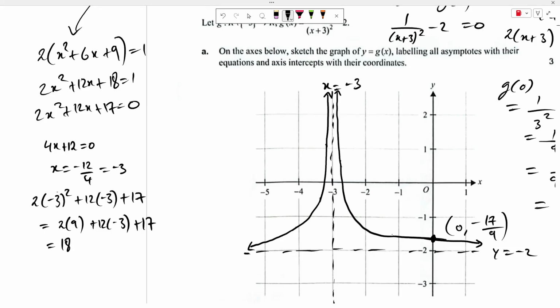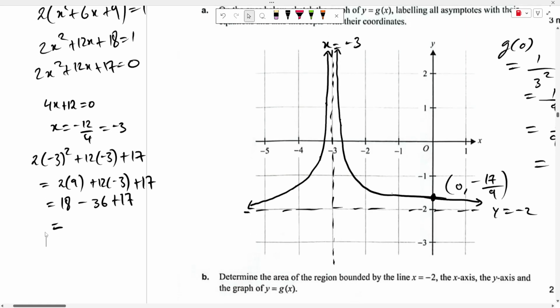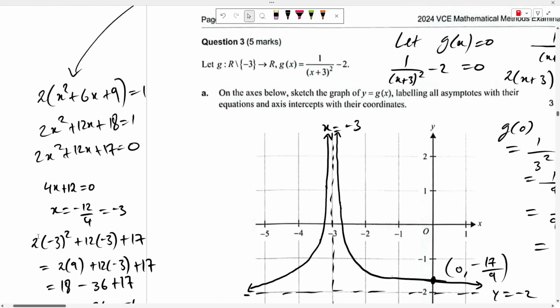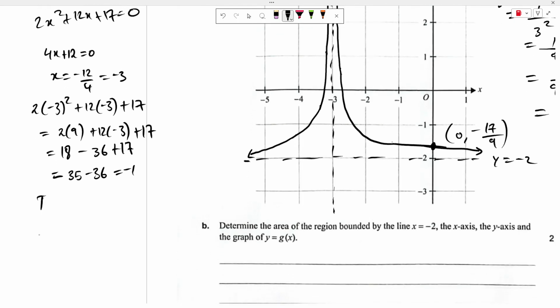So 18 minus 36 plus 17. This is going to be 35 minus 36, that's negative 1. So the coordinates of the turning point are going to be negative 3, negative 1.